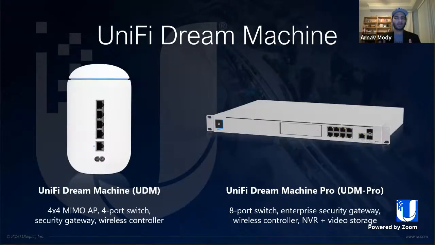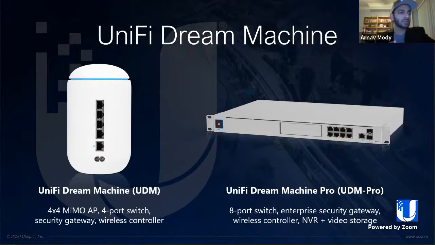Some people may have heard about the UDM, the UniFi Dream Machine. Some people may not have. It's a more recent release for UniFi. Basically, what we've done is we have combined many different devices into one. All this time we spoke about access points, switches, the security gateway, and the controller. What the Dream Machine does is it takes all the different devices and combines them into one.